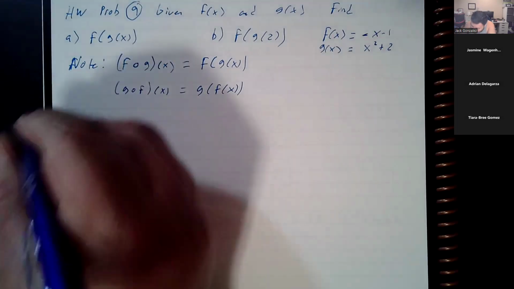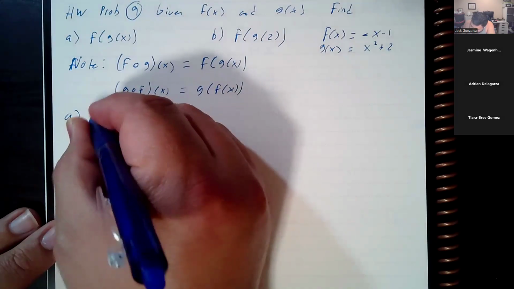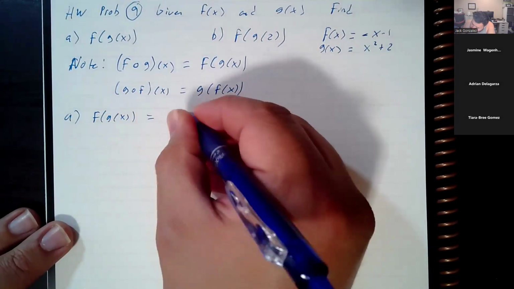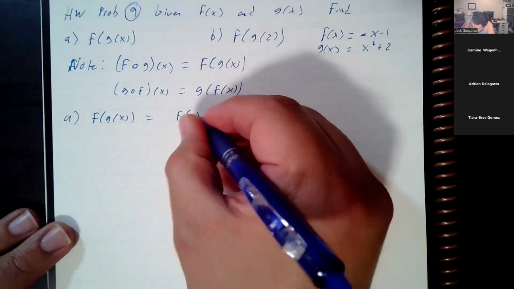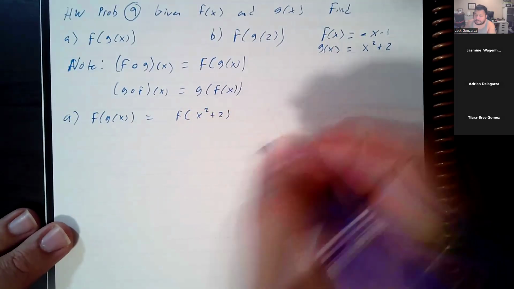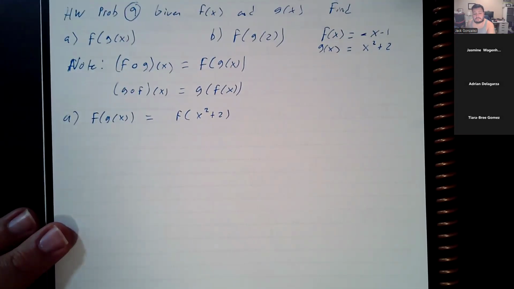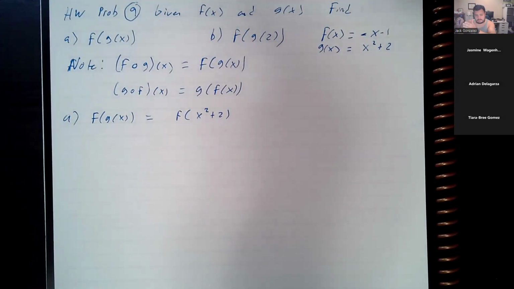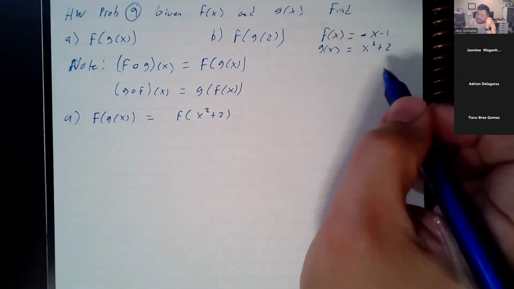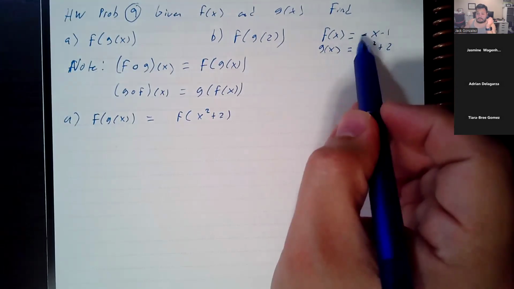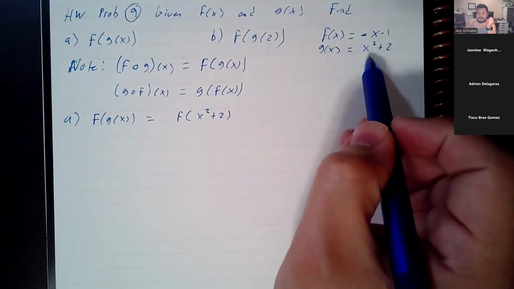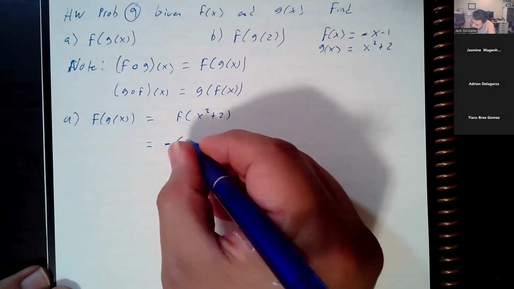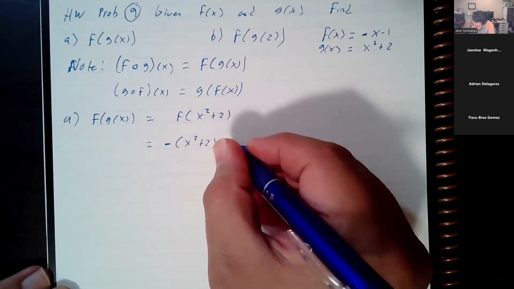Part A wants you to plug in the g into the f. And we said whenever you have something inside the parentheses, that means replace all your x's with whatever that is. So this x here will become x squared plus 2. So you get there.